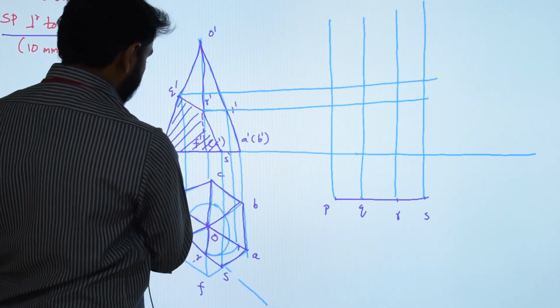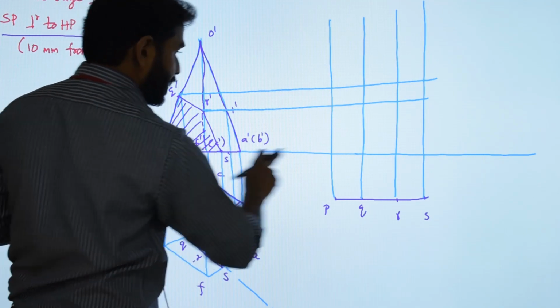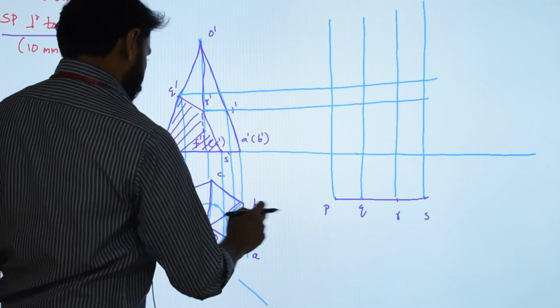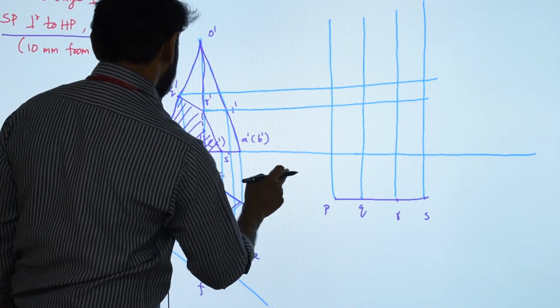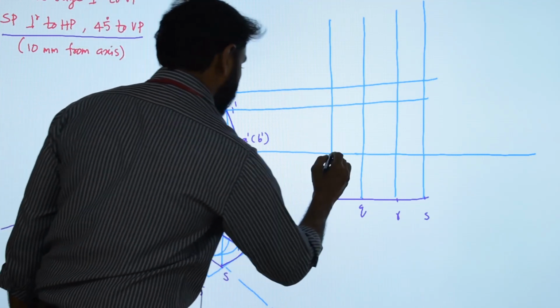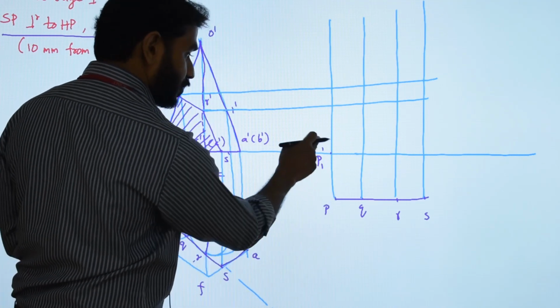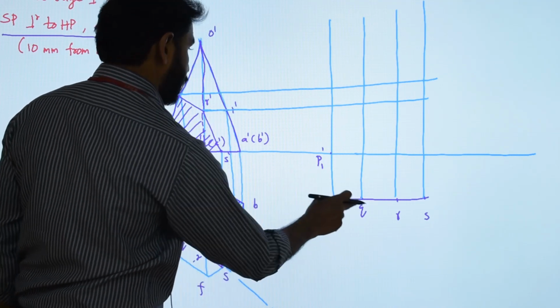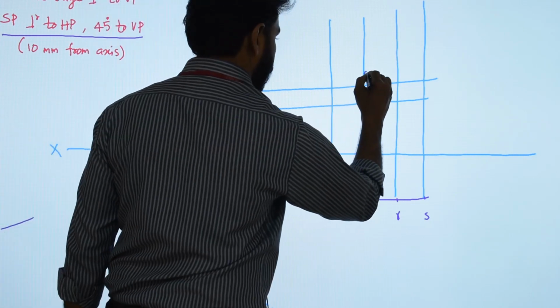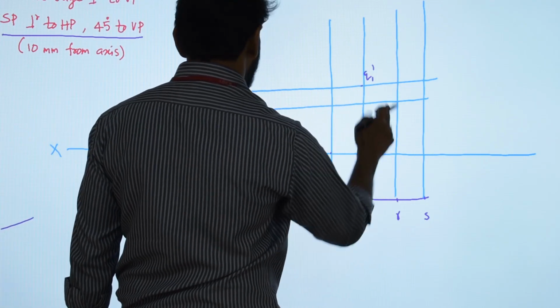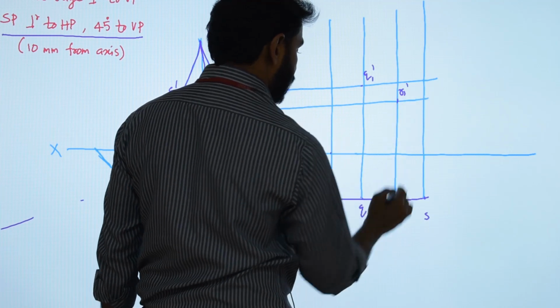Already there is a projector passing through P dash and S dash, which is the X value itself. Now the projectors through P and P dash give P1 dash. Then Q and Q dash, we get Q1 dash. R and R dash, we get R1 dash.